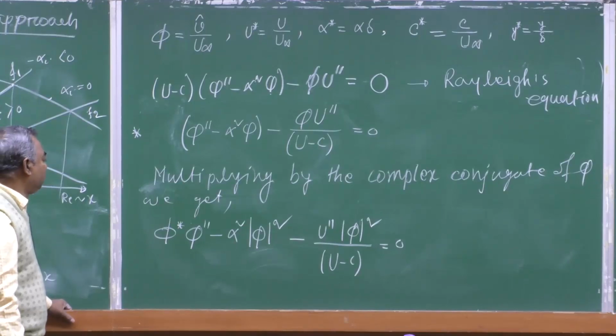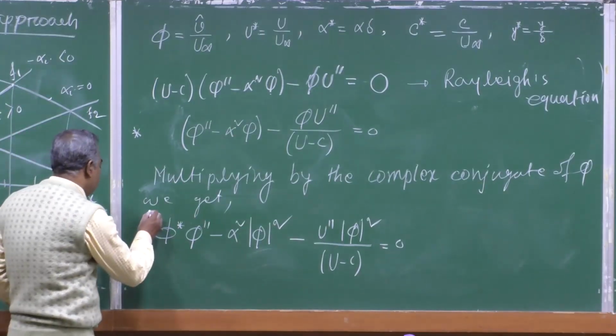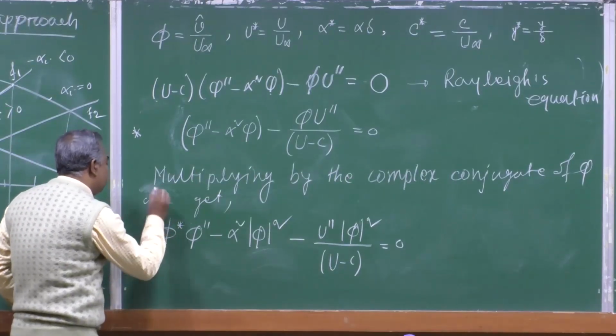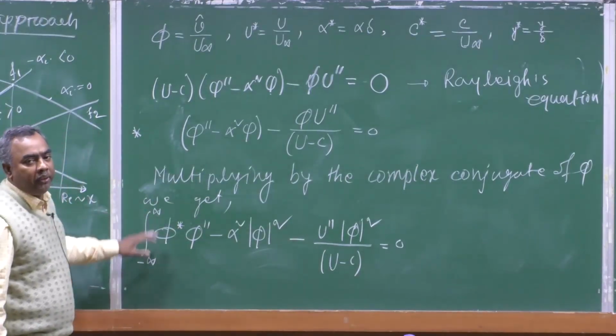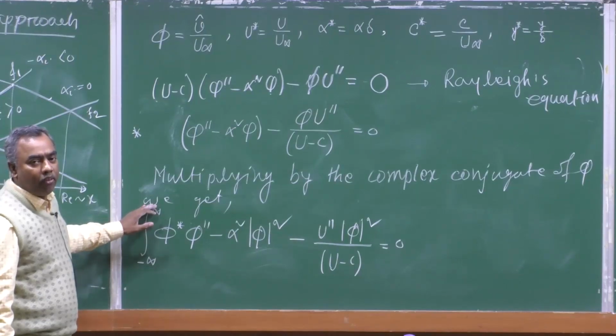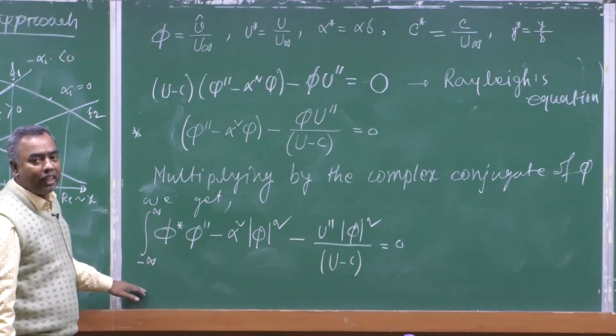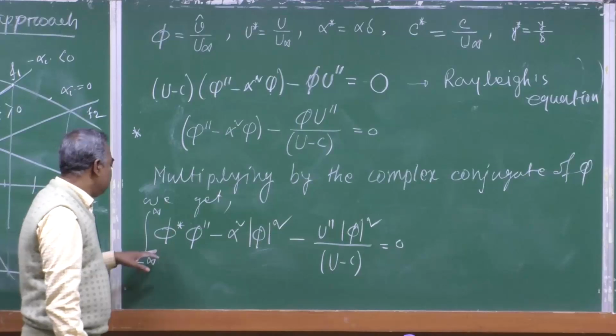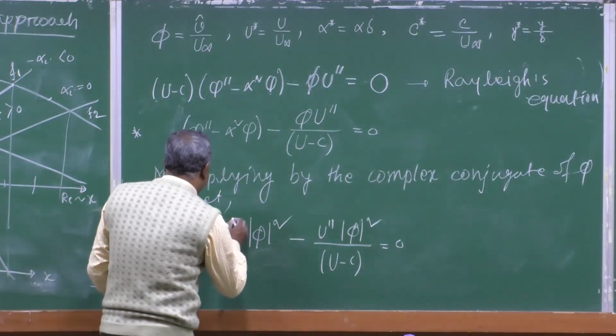All right. So, now let us integrate this equation from one boundary to the other boundary. If it is duct flow, then minus 1 to 1. If it is boundary layer flow, from 0 to infinity. If it is free shear flow, minus infinity to infinity. Just for the example, let us take minus infinity to infinity.